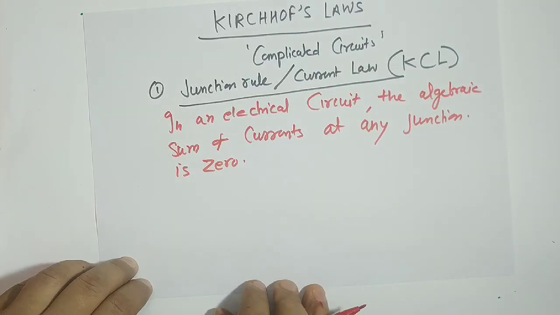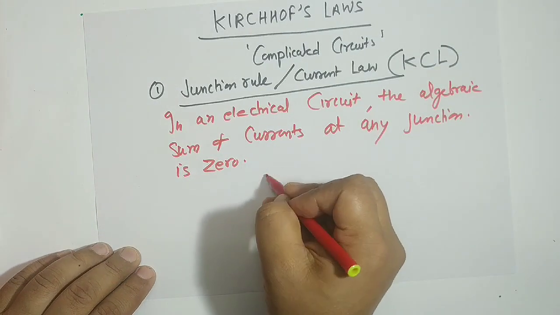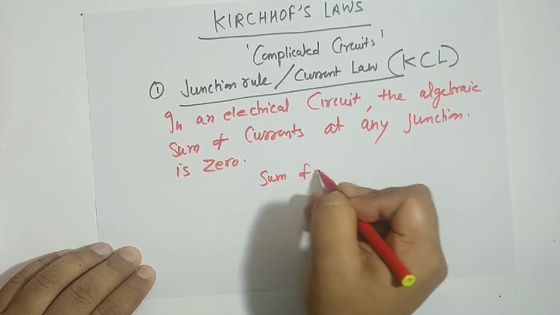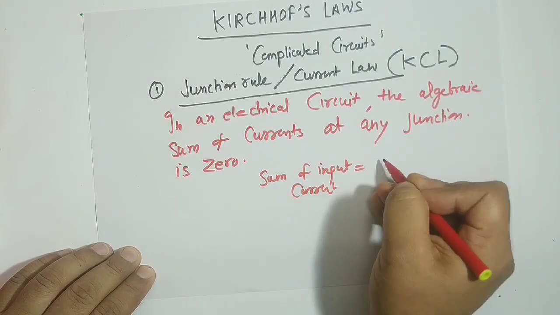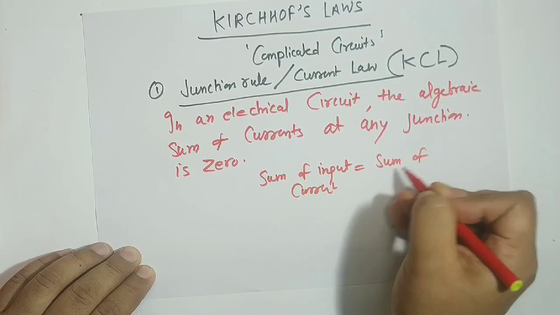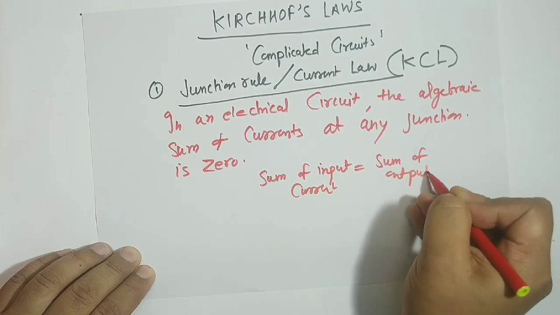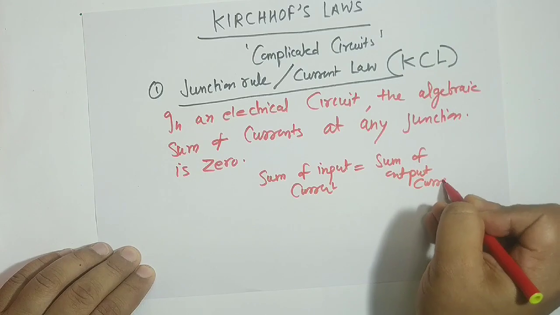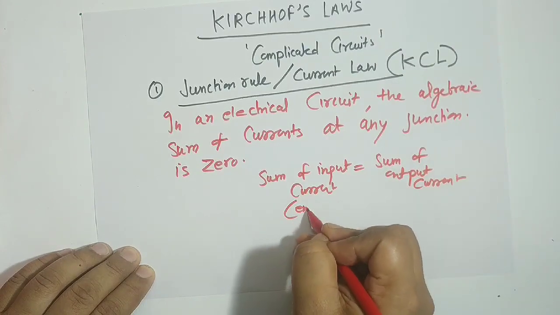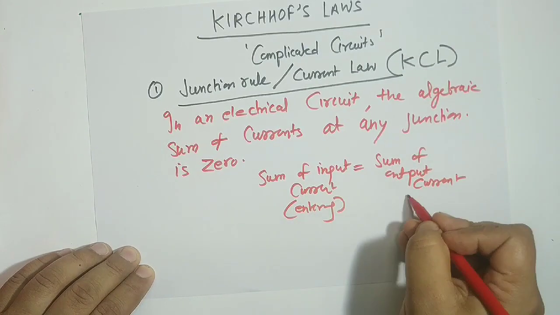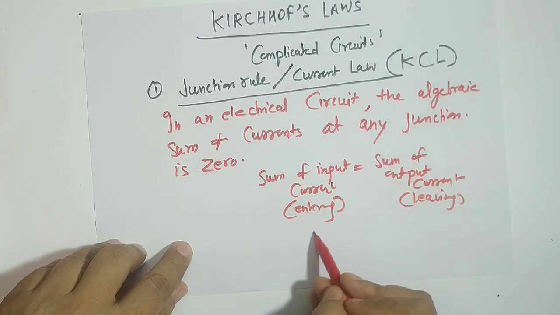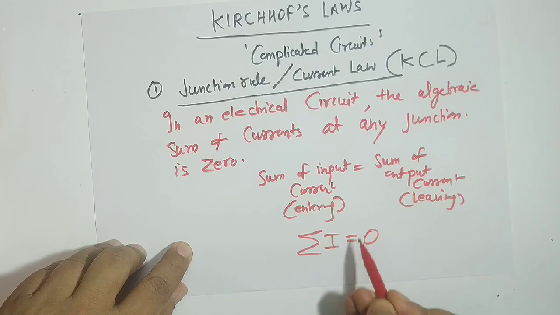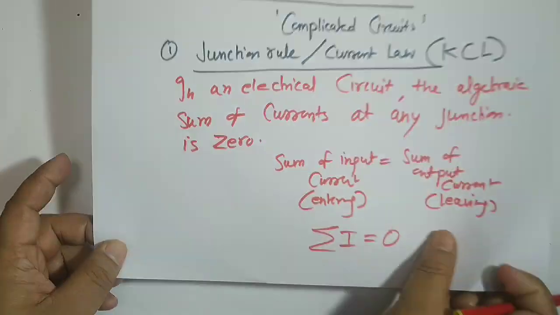This is the first law. Or we can say the sum of input current is equal to the sum of output current. The current entering the circuit will be equal to the current leaving the circuit. So the total summation of current is 0. And this is the Junction Rule.